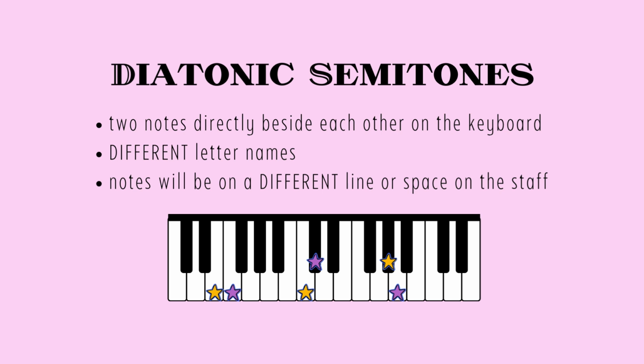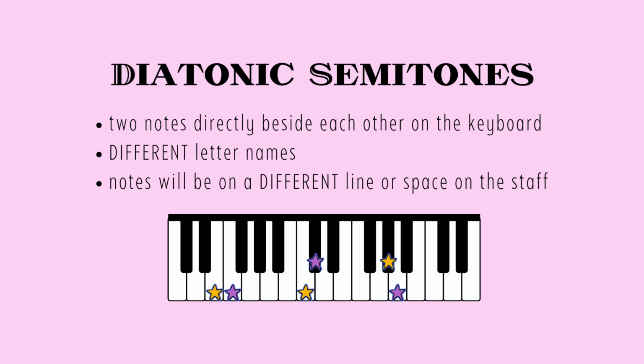The next concept we're going to explore is called a diatonic semitone. A diatonic semitone occurs when we move to a different letter name while still only moving one key. So these are still semitones, but they are different in the way that they are written and represented on the staff.